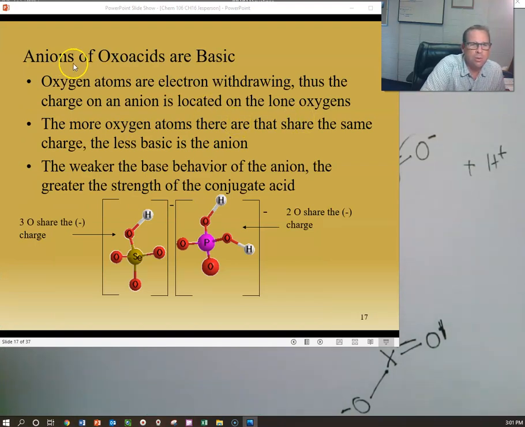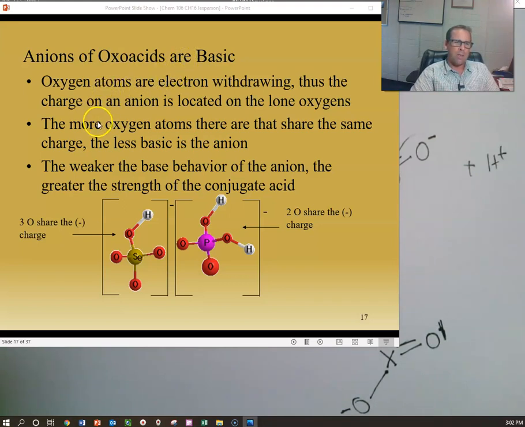Okay. So, ions that result from oxy acids, right, have a degree of basicity. They can act as a base, again, depending on how strong their conjugate acid is. All right?